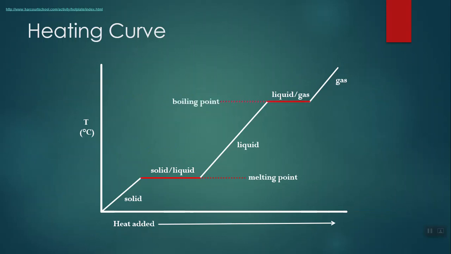So how do you read the melting point and boiling point? All you have to do is take this line and go all the way to the y, and that point right there will give you the melting point. And for boiling point, again, you take it all the way to the y, and you can read the boiling point there. And again, every substance has its own unique heating curve, and every substance has its own unique melting point and its own unique boiling point.